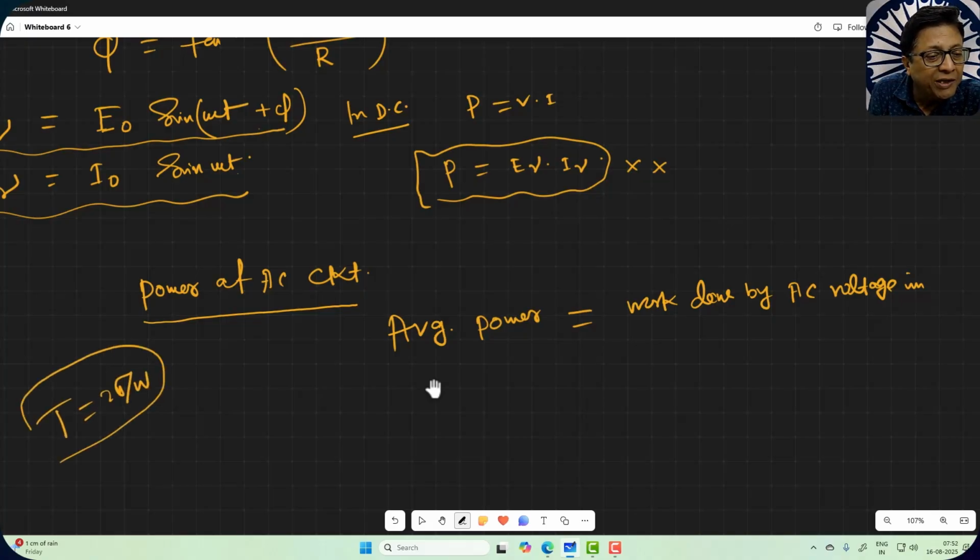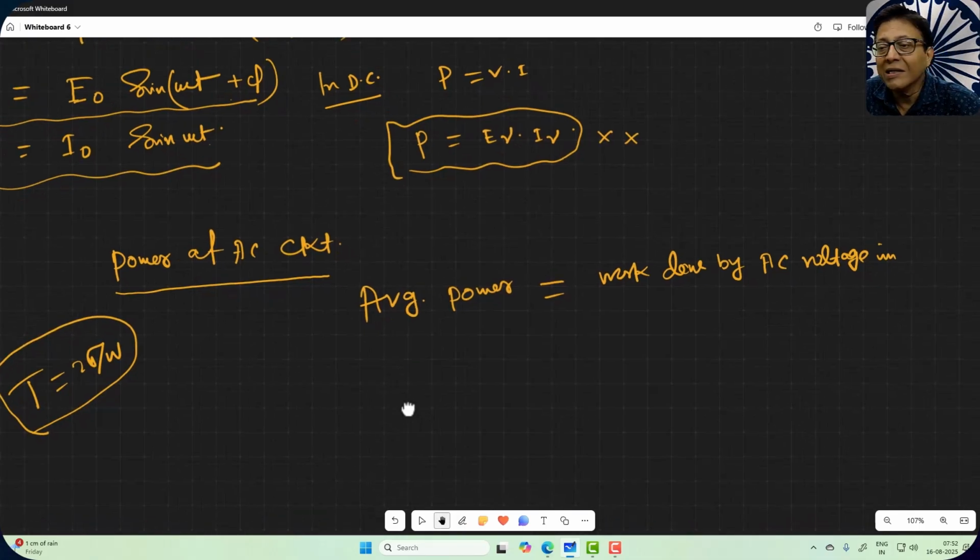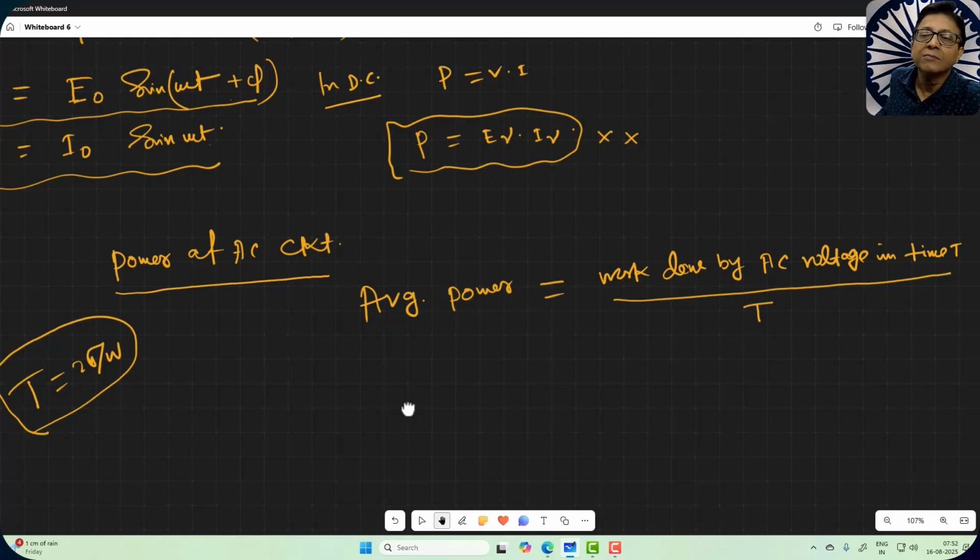So the work done by the AC voltage in time T, divided by the length of the time interval, this is the average power. But the work done by the AC voltage in time T, how to find it?